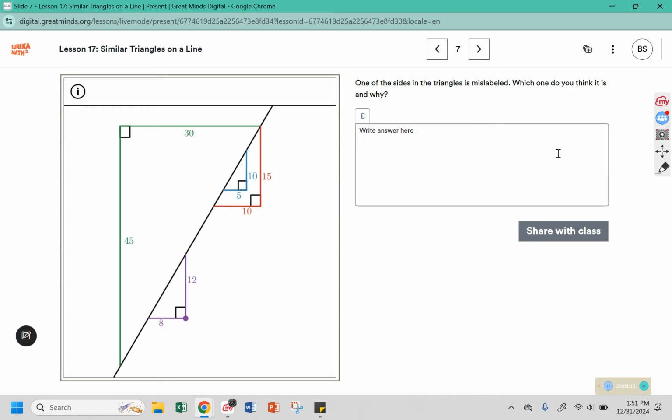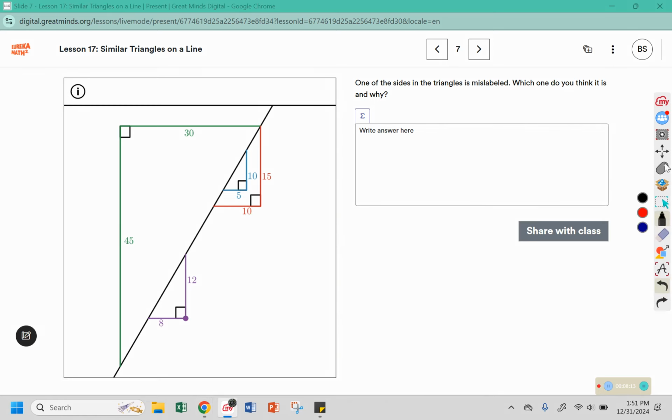If we scaled these down, we could think of 10 and 15 as 2 and 3. Well, 2 times 4 would give us 8, and 3 times 4 would give us 12. So that one is correct.